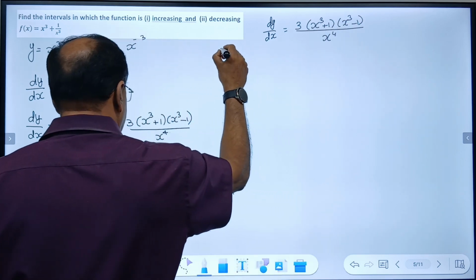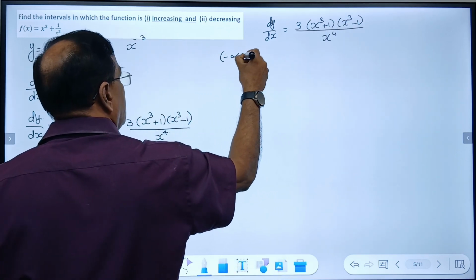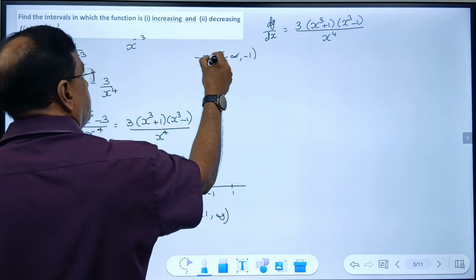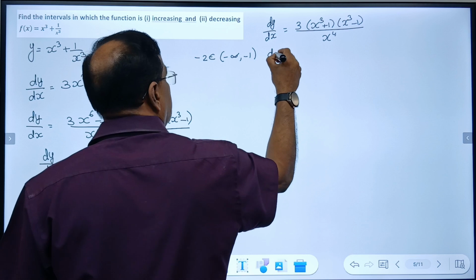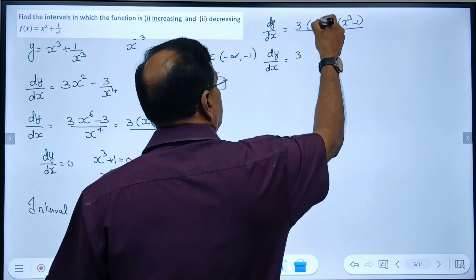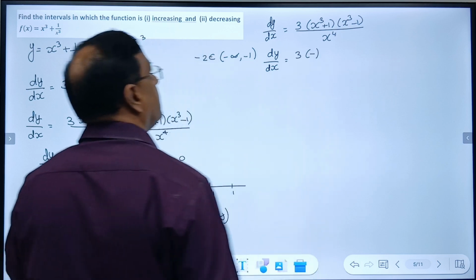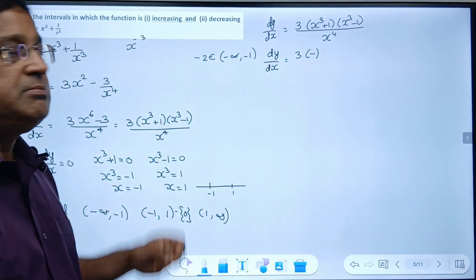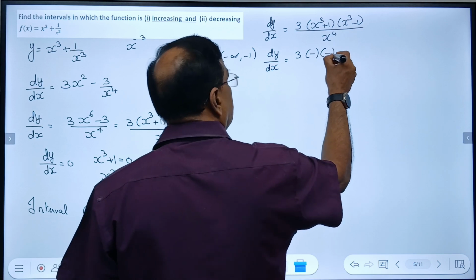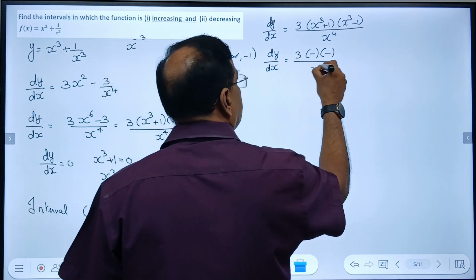Choose the interval minus infinity comma minus 1 and substitute minus 2. What is dy by dx? Dy by dx will be 3 times, this will be negative, minus 2 whole cube is minus 8, minus 8 plus 1 is minus 7. And this also will be negative, right? Divided by positive.